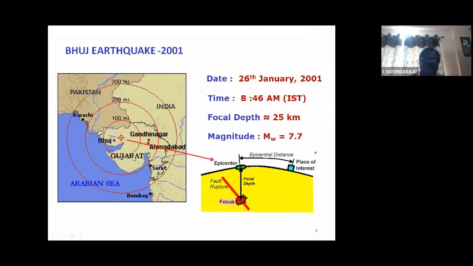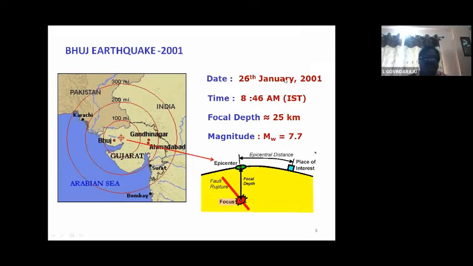So that's why I'm telling you, site amplification and site effect are very, very important in earthquake resistant design of structures. Though the earthquake occurred in this particular region, we experienced so much damage at a far off distance, nearly 260 kilometers.